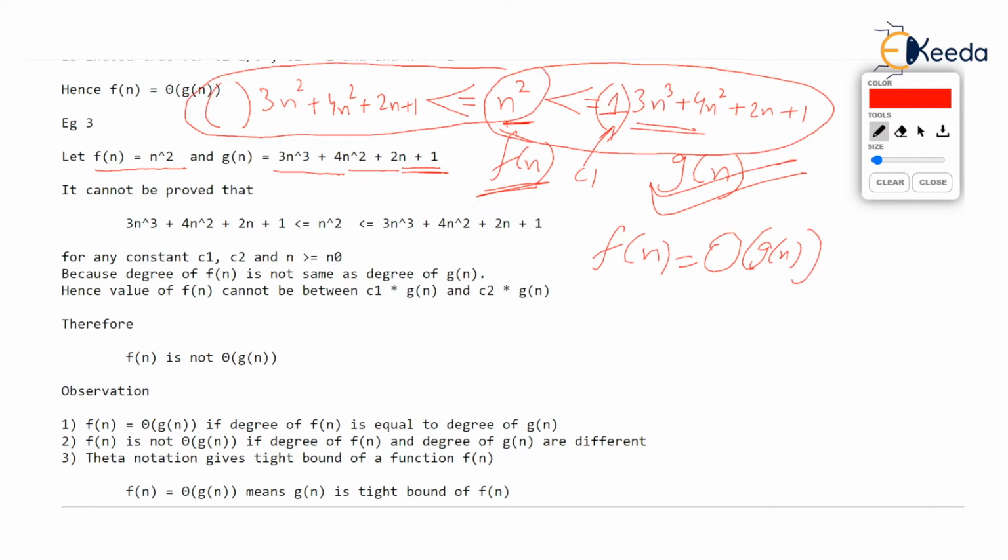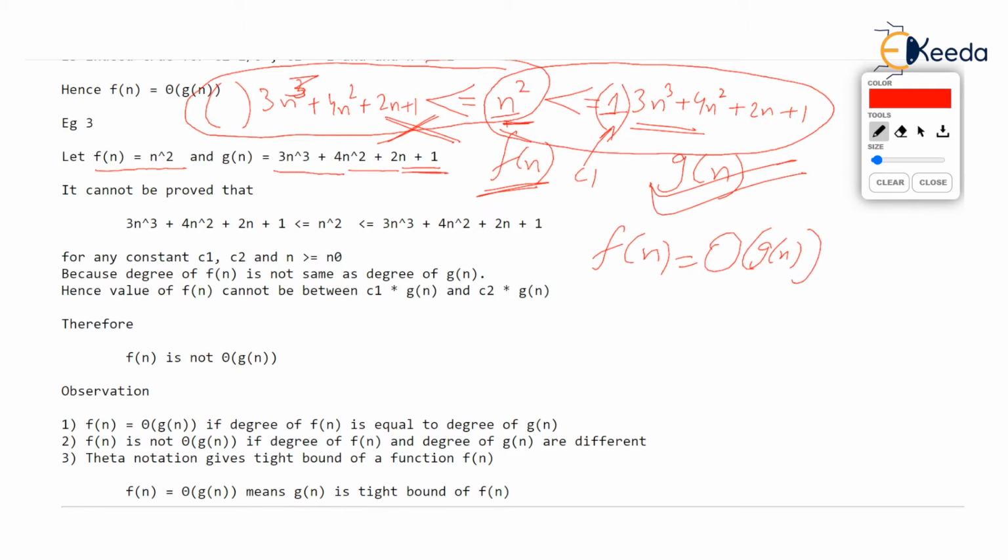Just check this. Can n square be greater than or equal to 3n cube plus 4n square plus 2n plus 1? I am so sorry, I made a mistake there. Impossible. This cannot be proved, because n square has lower degree, and Gn has higher degree. So you just can't force this relation to be true for any constant.